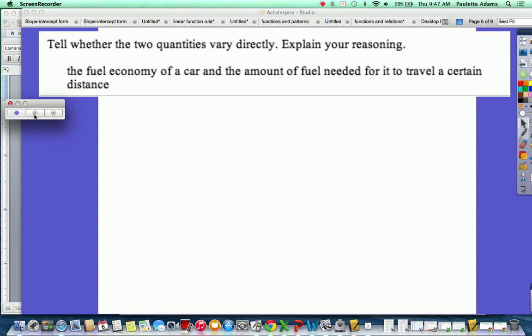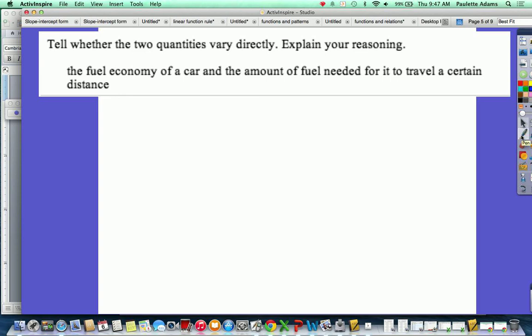All right, tell whether the two quantities vary directly. Explain your reasoning. The fuel economy of a car and the amount of fuel needed for it to travel a certain distance. Okay, now you've got to understand what fuel economy of a car means. Is there anyone in here who is crystal clear about fuel economy?